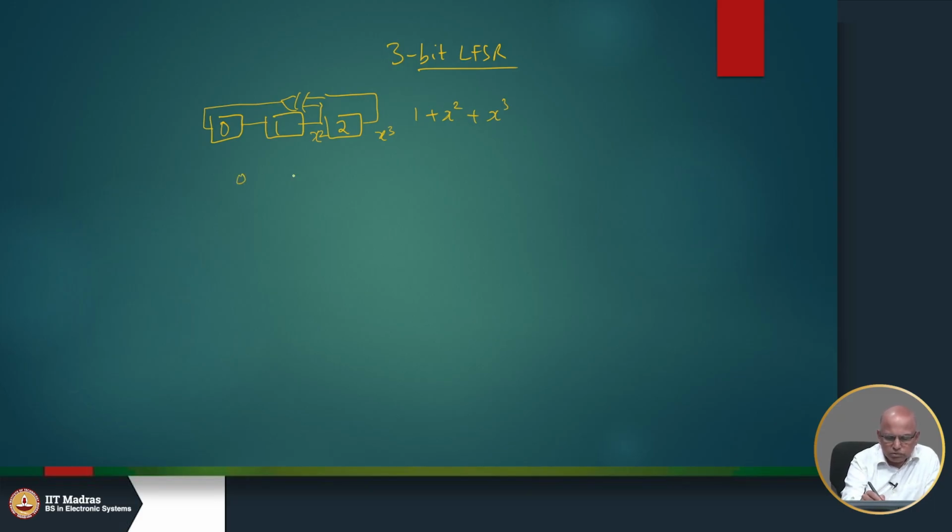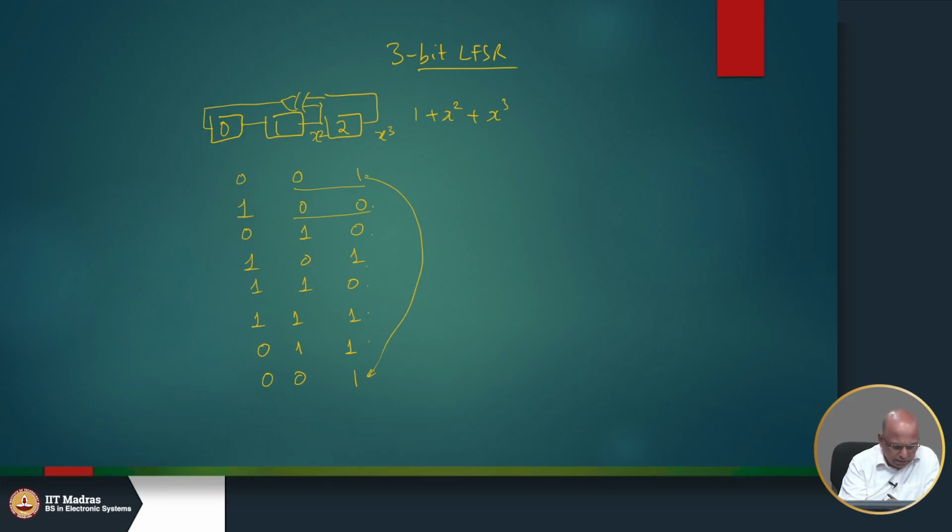If you have initialized it to 0, 0, 1, then the XOR of 0 and 1 will appear here, and these two will shift. XOR of these two will appear 0, and these two will shift. Then 1, 0, 1, 1, 1, 0, then 1, 1, 1, 0, 1, 1, then 0, 0, 1. Okay. So, this is the first cycle, second, third, fourth, fifth, sixth, seventh, eighth. So, everything will repeat after this.